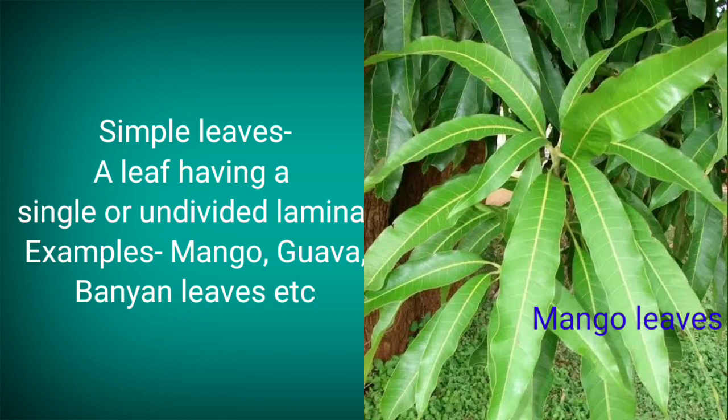And the pattern of incision depends upon the types of venation there. Examples of simple leaves are leaves of mango, then the leaves of guava plant, jackfruit plant, peepal, banyan tree. They all belong to the simple leaf category.